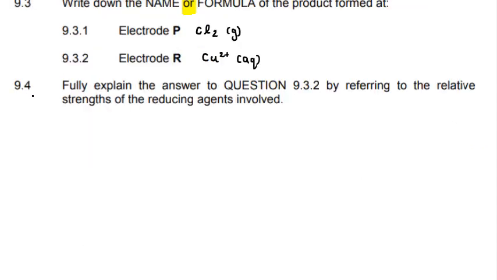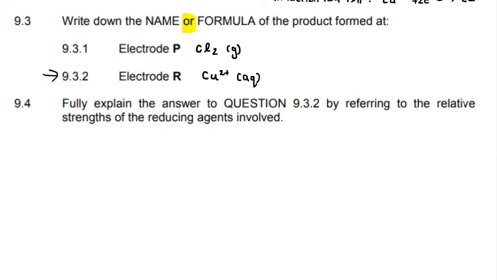Question 9.4 then says, fully explain the answer that you gave in question 9.3.2 by referring to the relative strengths of the reducing agents involved. If we go back to question 9.3.2, we were looking at the product that formed at electrode R, and we said that product is copper 2 plus ions.